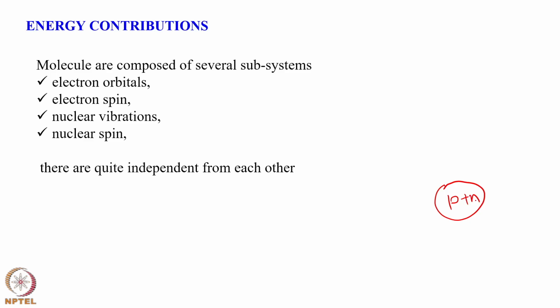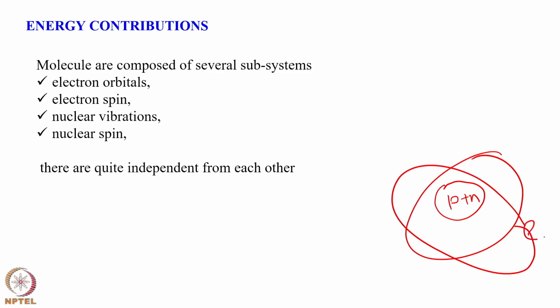The proton is positively charged, the neutron is neutral, and around that we have electrons, right. That is in any molecule. Say we are talking about sodium, sodium 11, 23. What does it mean? Sodium 11: the number of electrons is 11, the number of protons is 11, and the number of neutrons is 12. That constitutes sodium.